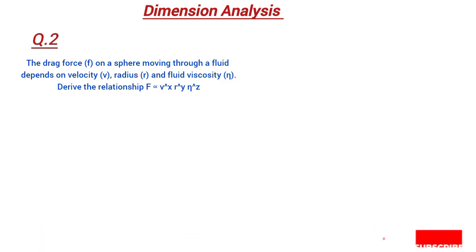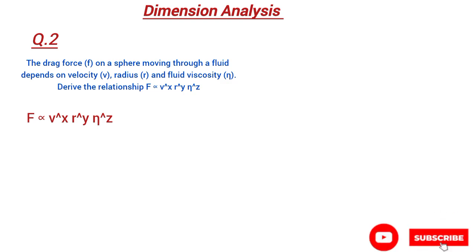So, we are given F proportional to v^x, r^y, eta^z. Introducing the constant of proportionality k, we have F is equal to k v^x r^y eta^z.